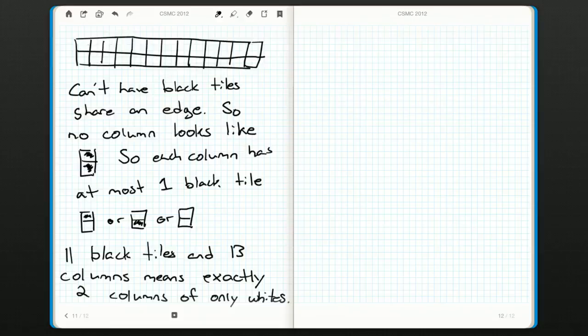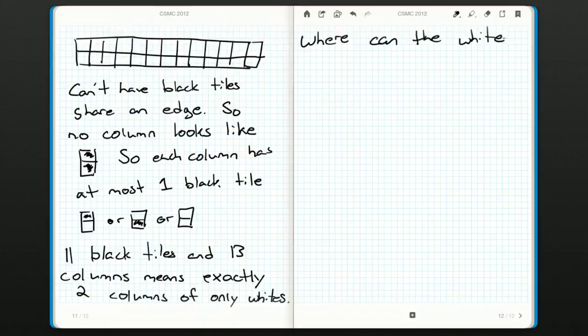But these white-only columns are interesting. There's so few white-only columns, which I'll probably eventually just call white columns, that we might ask, where do they go?